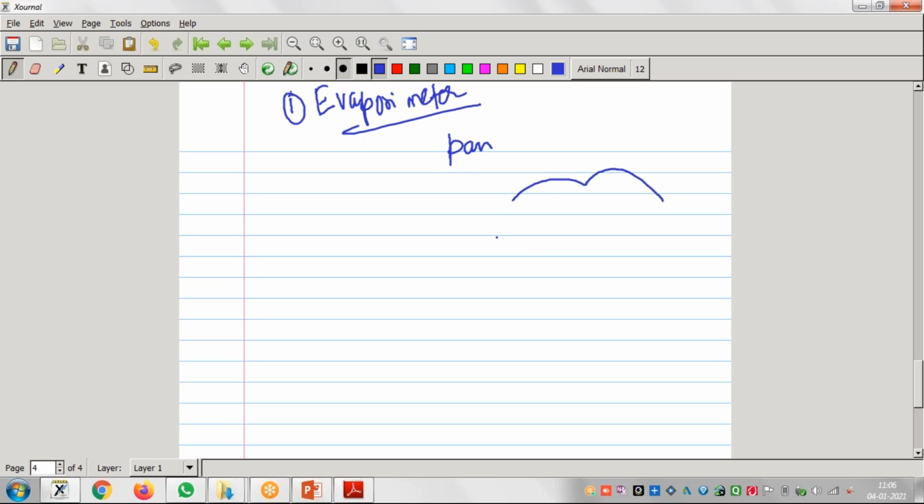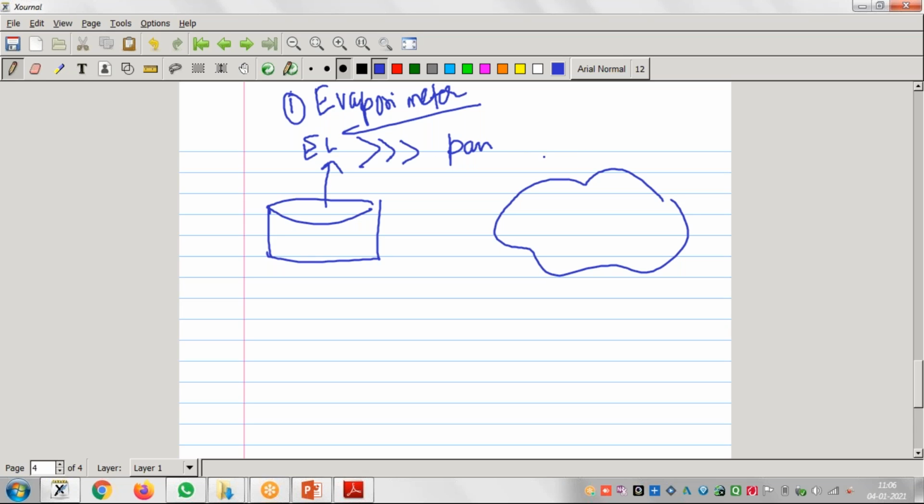So here we have taken one lake and one pan nearby the lake. Whatever the evaporation loss will be here, that will be more than the evaporation loss through the lake, right?